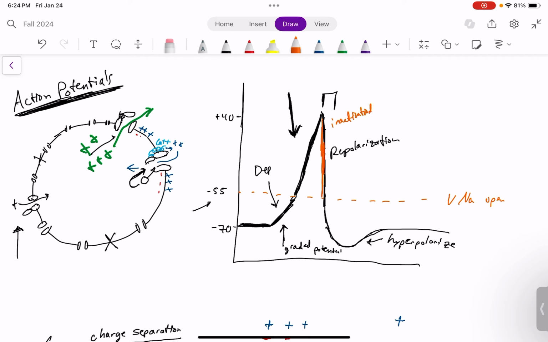And that means that sodium can't come into the cell. And so this means that no matter how much of a stimulus there is again, there will be no other action potential at this time because the sodium gates are inactivated. Now that's called the absolute refractory period.